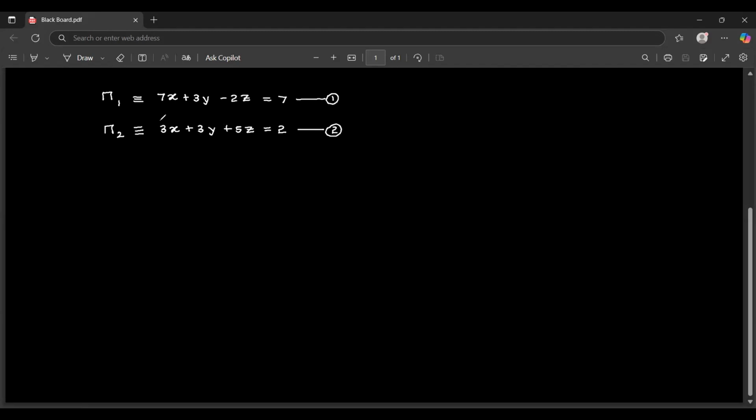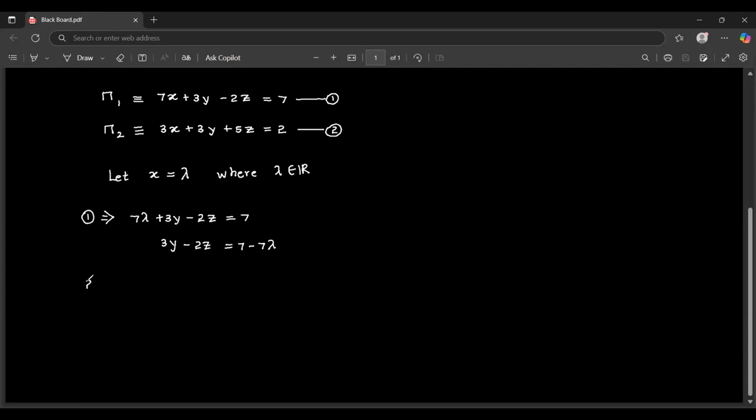So let's try this. Let's say x equals a parametric value, x equals lambda, where lambda is an element of all real numbers. Here the first equation reduces to 7 lambda plus 3y minus 2z equals 7, so 3y minus 2z equals 7 minus 7 lambda.